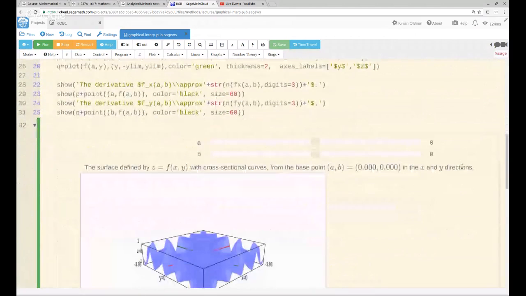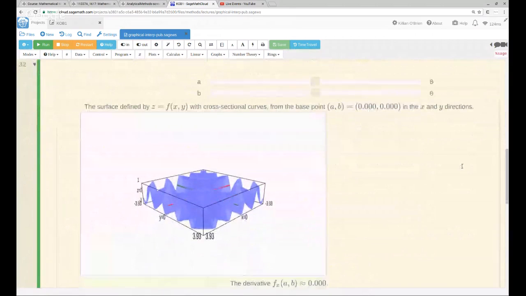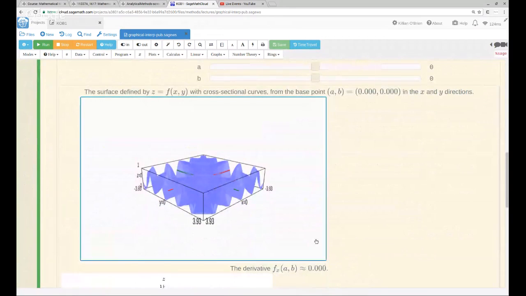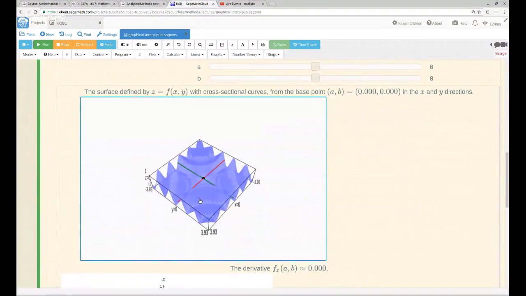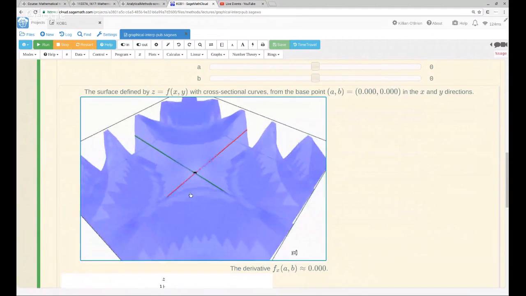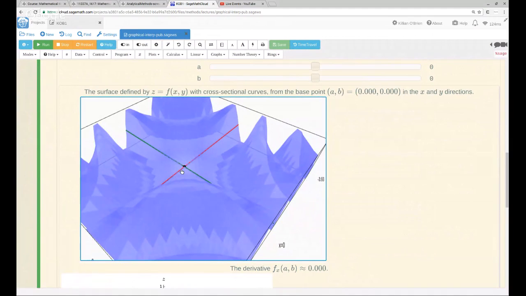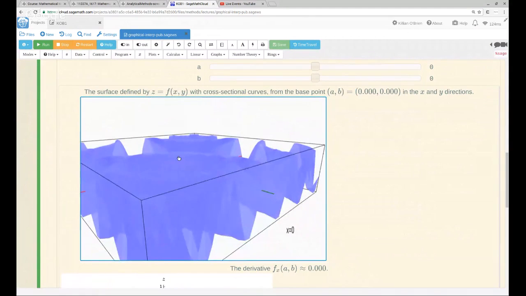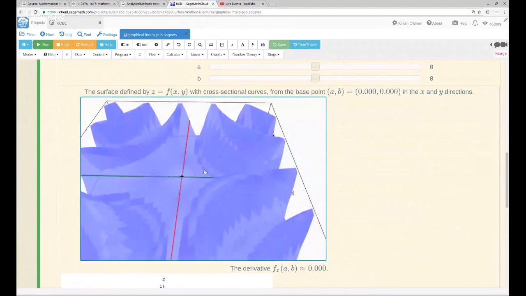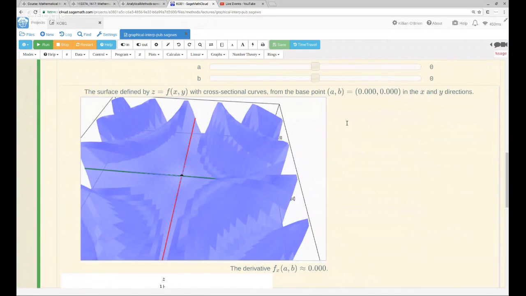And here, illustrated for us, is what the surface looks like for that particular function, f of xy. You can spin it around and zoom in here. It looks nice. Okay, so it's this undulating surface defined by f of xy. So what have we got here? Here we've got these two curves, the green curve and the red curve.